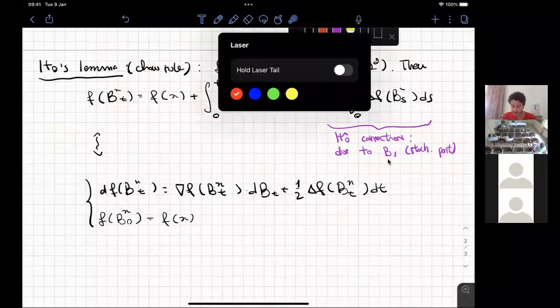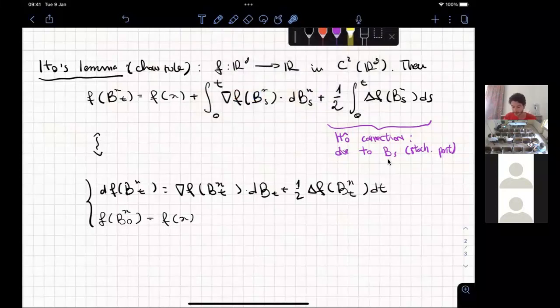What you can see is that we have a first order part which behaves as the usual chain rule: the derivative of f times the differential of what we have inside, so gradient of f times dB. But then we have this second order correction. By second order, I mean that here we need the Laplacian, so it contains the second order derivative of f.